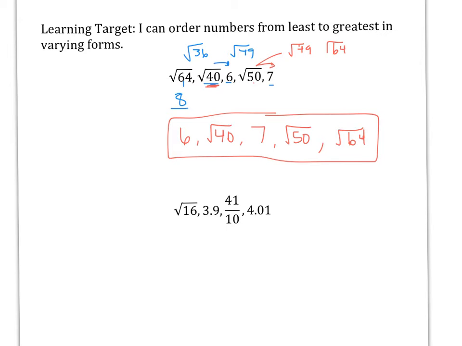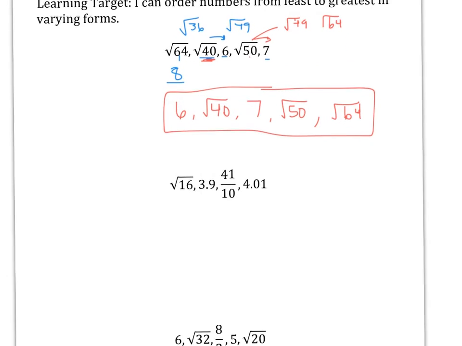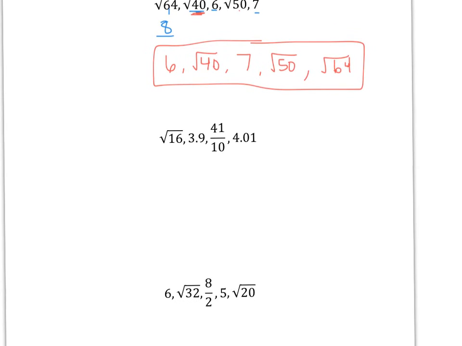Let's look at the second example. The square root of 16, 3.9, 41 over 10, and 4.01. Well, we know the square root of 16 is really 4, so that's slightly larger than 3.9. 41 over 10. Well, 10 goes into 41 how many times?